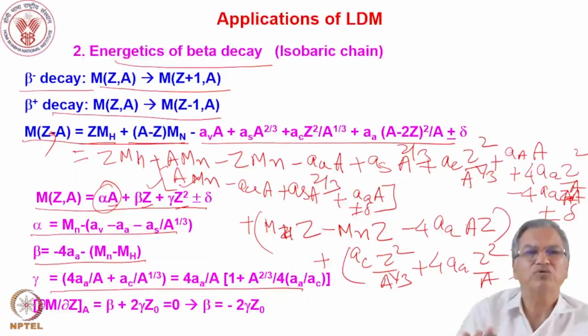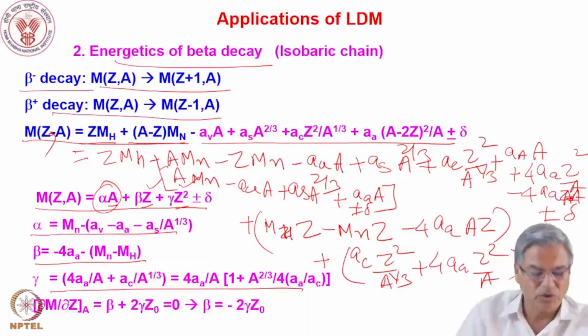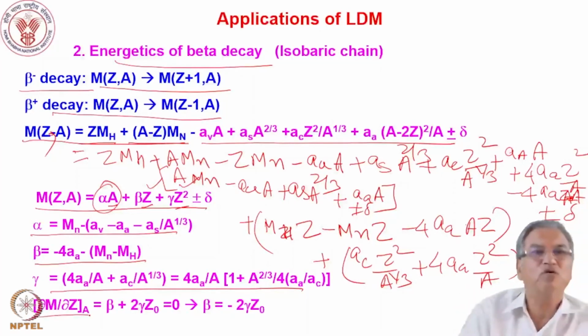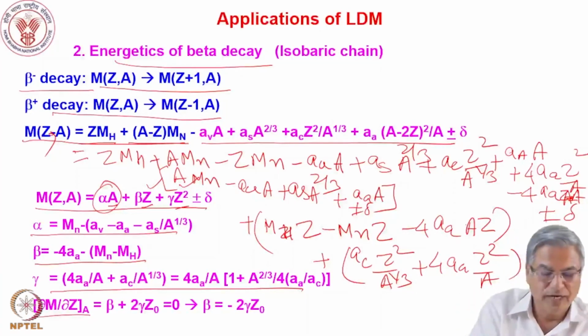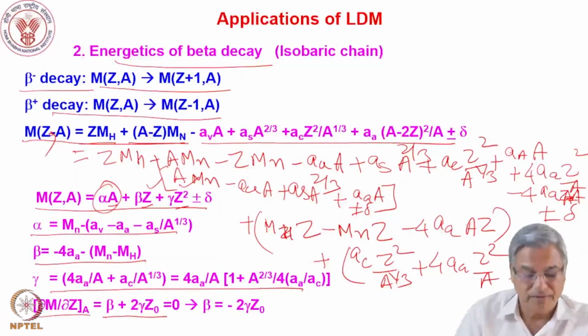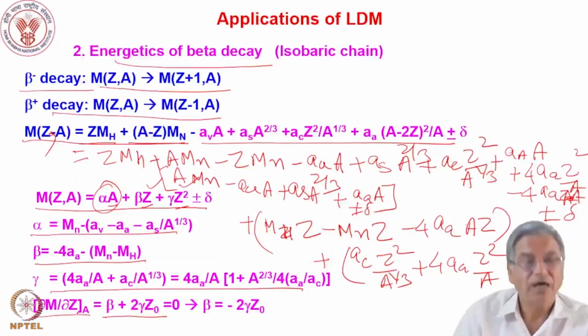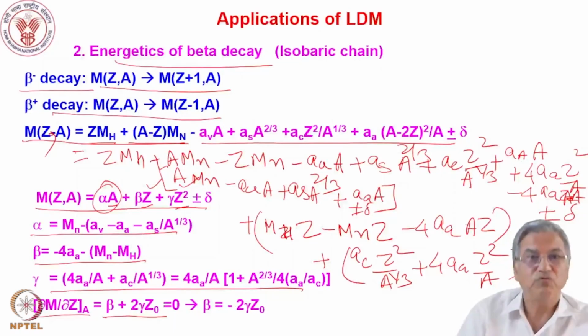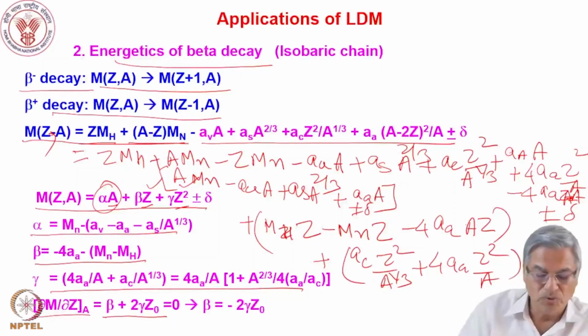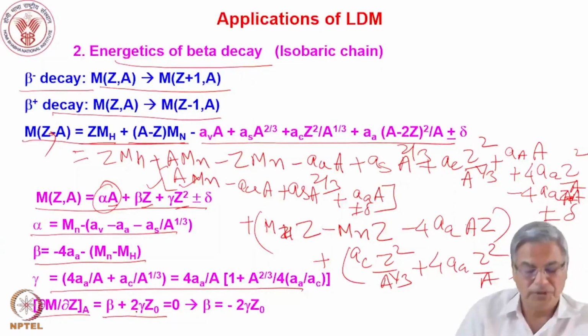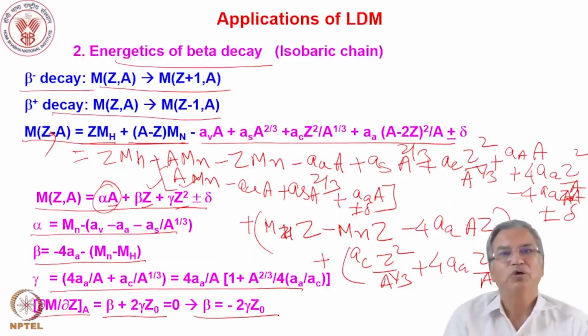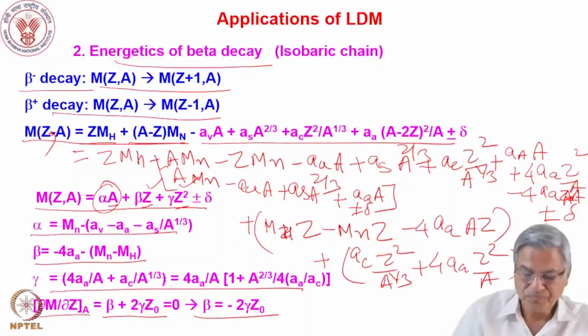If you want to find out the most stable isobar in this isobaric chain, then you can differentiate this formula with respect to Z, and you get delta M by delta Z equal to beta plus 2 gamma Z. If you equate this to 0 to get Z0, then beta plus 2 gamma Z0 equals 0, or beta equals minus 2 gamma Z0.